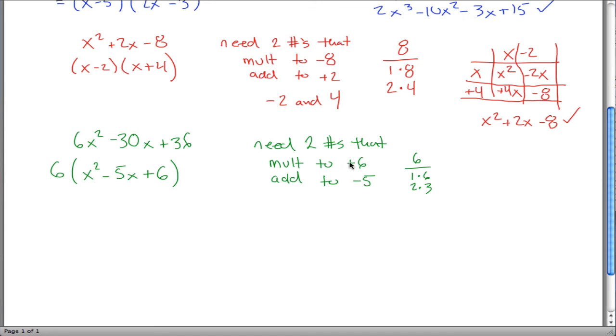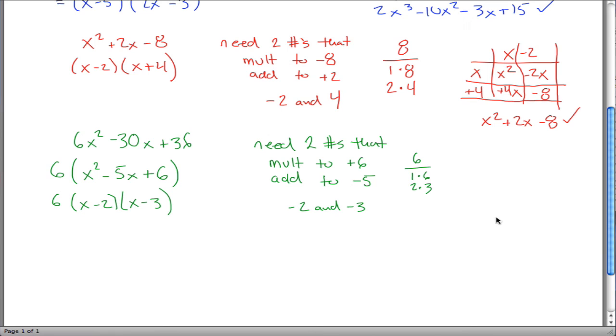To make them multiply to positive 6, I need them both to be positive or both to be negative. And if they're both negative, I can use the bottom two to get them to add to negative 5. I can say negative 2 and negative 3 will multiply to positive 6 and add to negative 5. So I can factor this as 6 times x minus 2 times x minus 3.